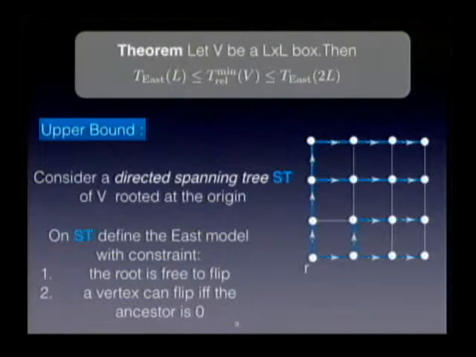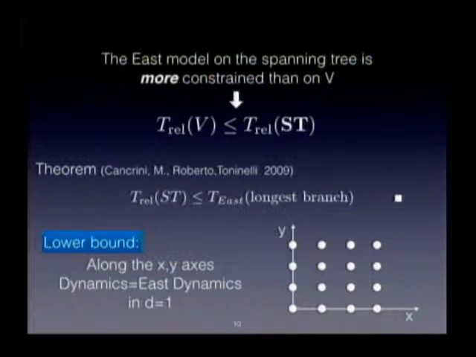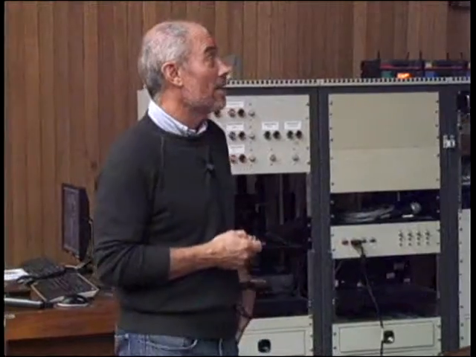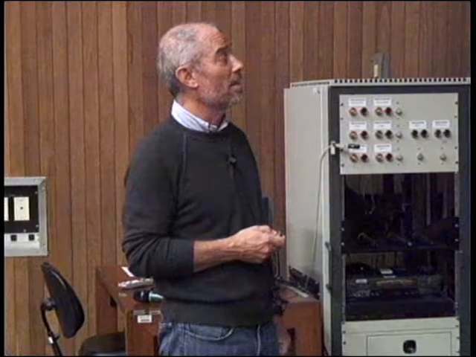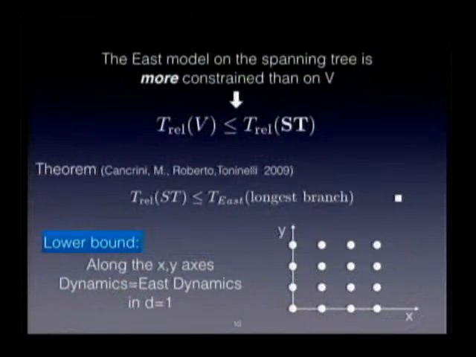Okay, so there is like an orientation given by these arrows. Okay, and now the East model on the spanning tree is more constrained than on the box because you are cutting certain edges. Okay, and therefore the relaxation time in the box is smaller than the relaxation time on the tree. And then in 2009, we proved with Cancrini, Roberto, and Cristina Toninelli that on a tree, the relaxation time can be bounded by the relaxation time for the one-dimensional East model on the longest branch.